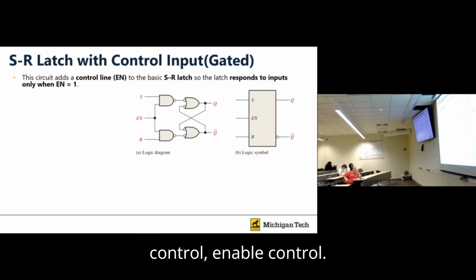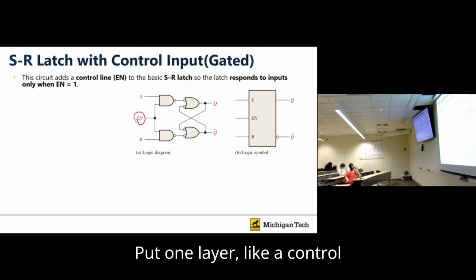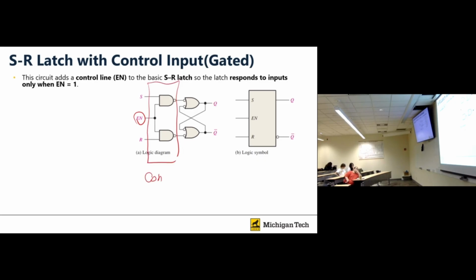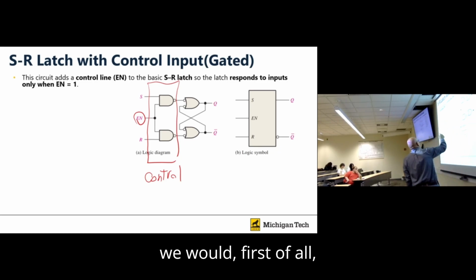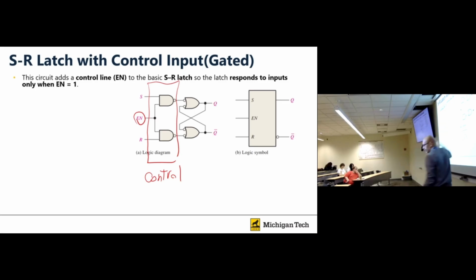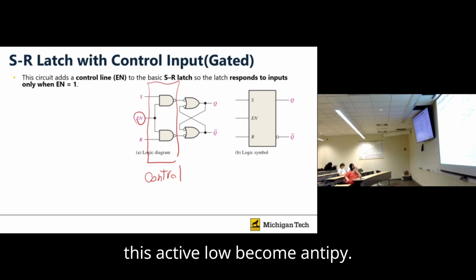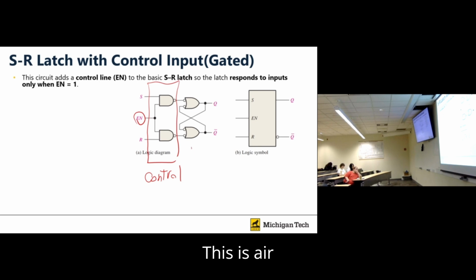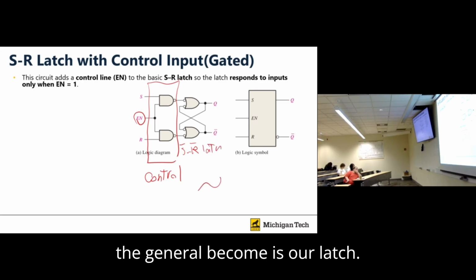We can put in a control, an enable control. Put one layer, like a control layer. And in this control layer, first of all, this active low becomes active high. This is for our S bar R bar latch, but in general it becomes an SR latch.